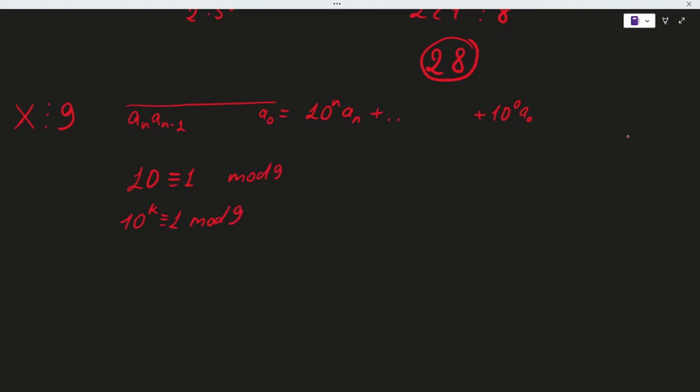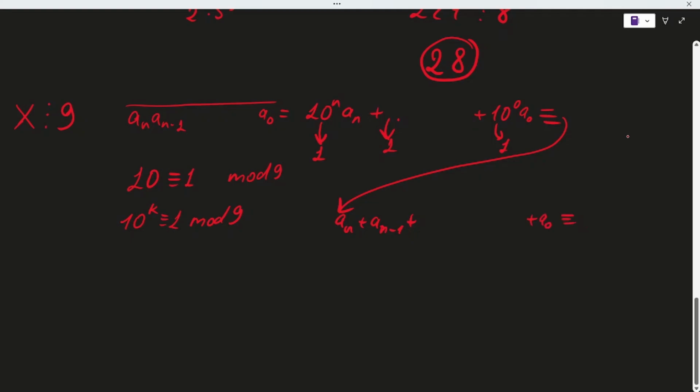From here, we can easily substitute each power of 10 by 1, and instead of them, we can just write ones. And if we use modular arithmetic, this number will be equivalent to an plus an minus 1 plus an minus 2 all the way up to a0 mod 9. So if the sum of the digits is divisible by 9, our number will also be a multiple of 9.